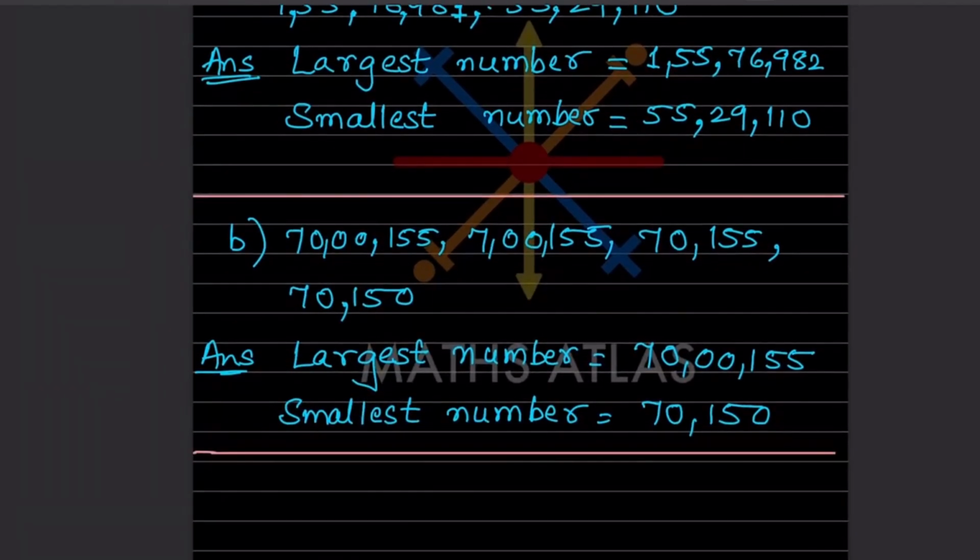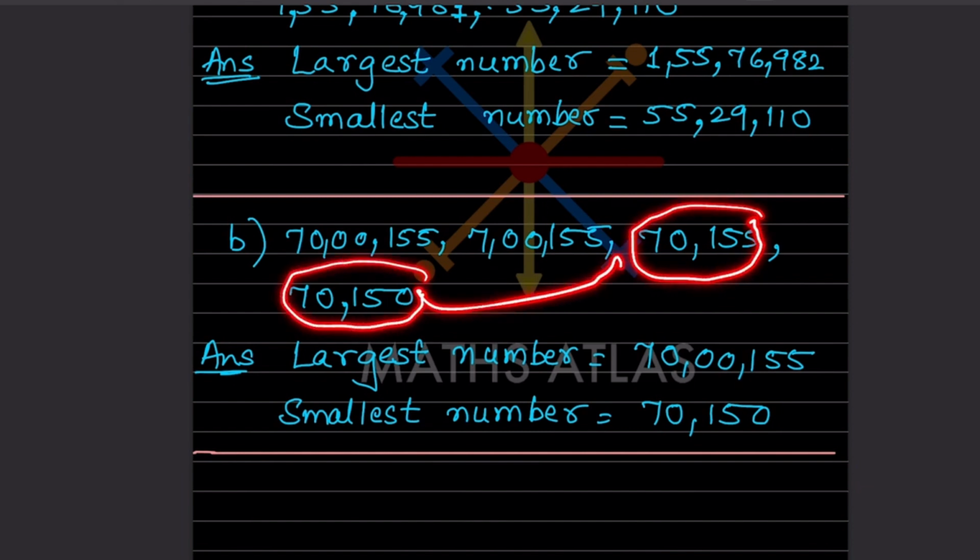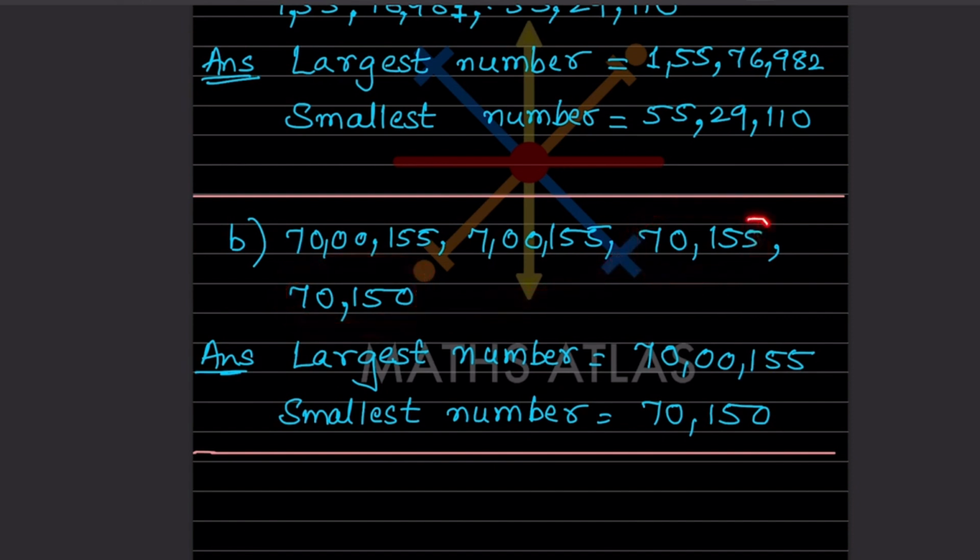Now let us see the next example. In the next example, again it says look at the digits. This is the largest number over here, as the number of digits is more over here. So we can take this one as the largest number. Then see here, this has 5 digits and this also has 5 digits. Now we are going to compare these two. In the ones part, here we have 5 and here we have 0.